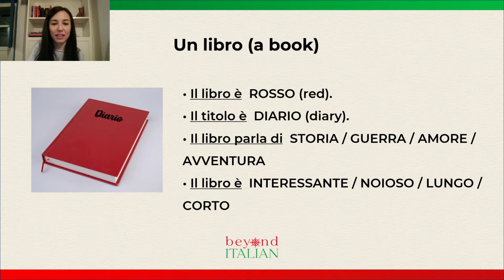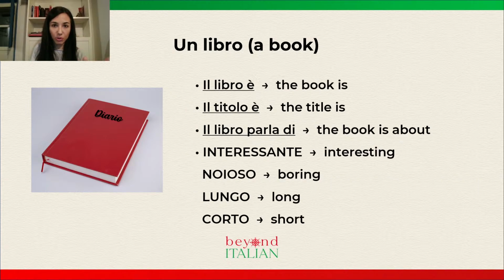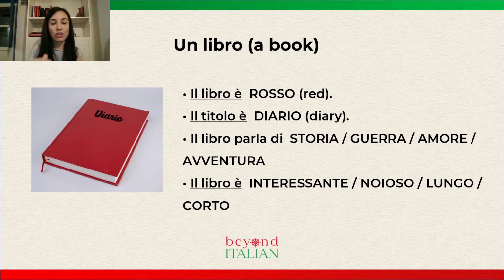And the last one, let's see the adjectives. Il libro è interessante, interesting, noioso, boring, lungo, long, corto, short. Now we had these first expressions. We completed these expressions with the information of the book.